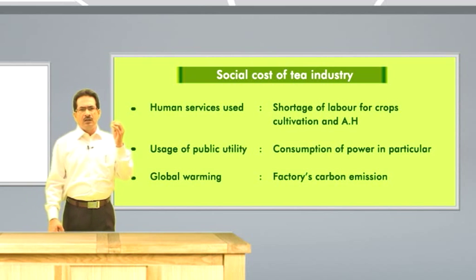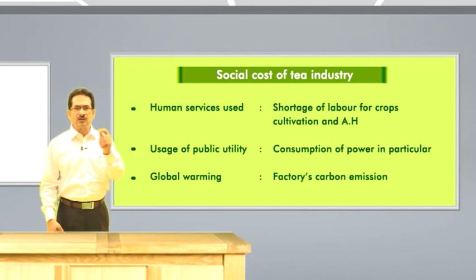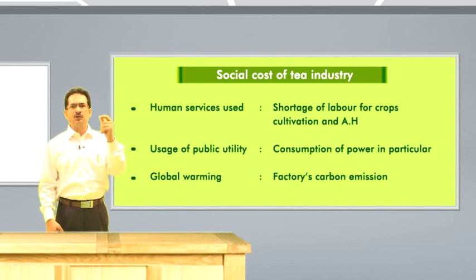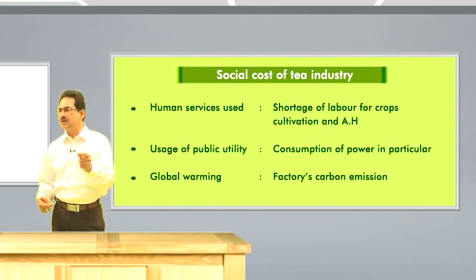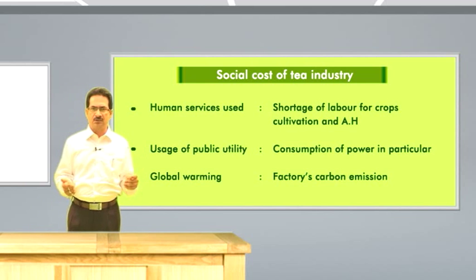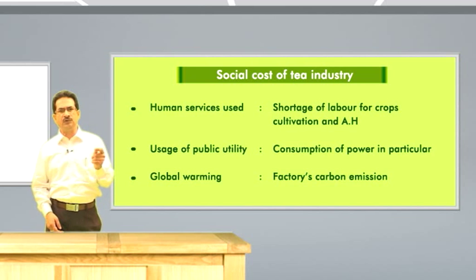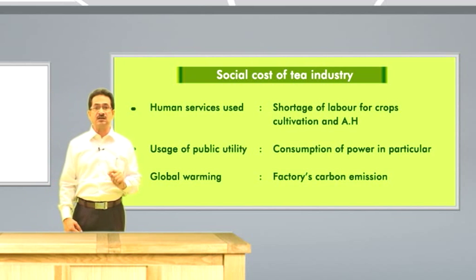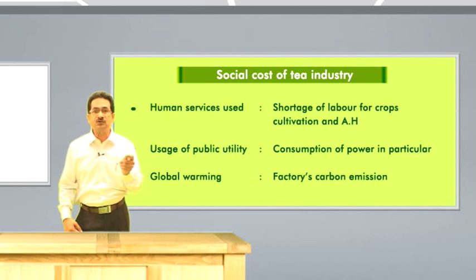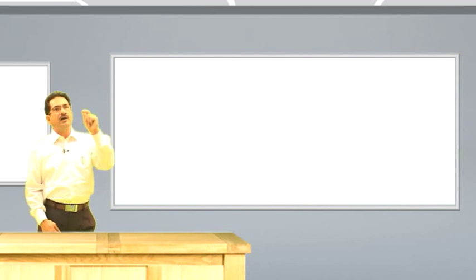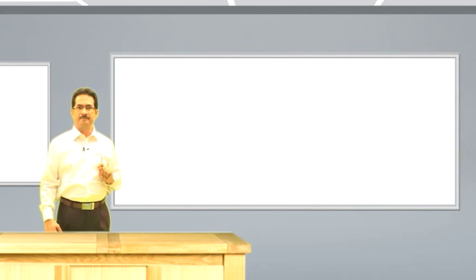Then use of public utility: the tea industry is consuming a lot of power and causing scarcity of power to the surrounding localities. Another social cost of the tea industry is global warming. Factory carbon emission is causing damage to the environment.